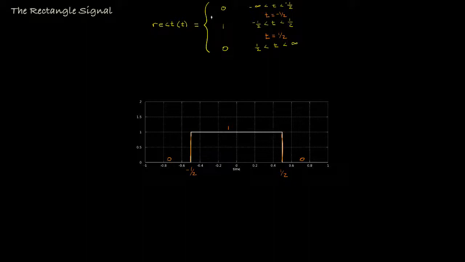Some people will assign a value of 0 to the rectangle there. Some people will assign a value of 1. And some people will assign a value of 1/2. And they'll do the same thing at both of those discontinuities.